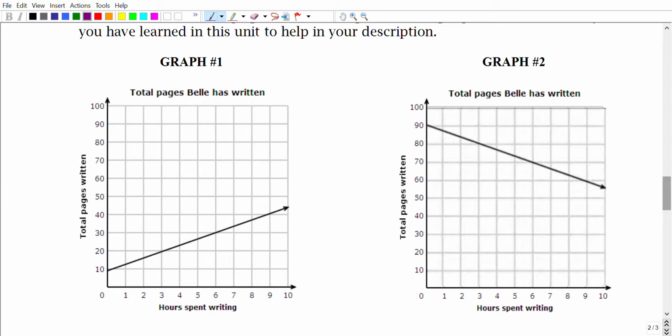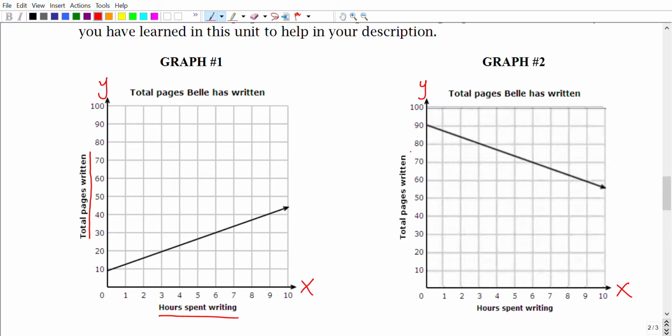Okay, so I recommend that you guys go ahead and look at graph number 1 and try to see if you can identify by looking at the axes. So again, take a look at what the y-axis represents and what the x-axis represents. Okay, and do the same thing for graph number 2.